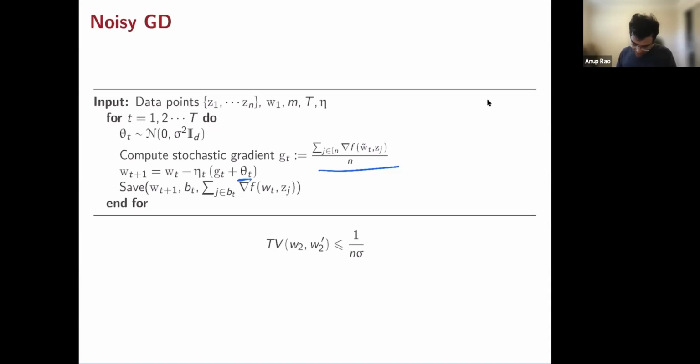If you just look at the second iterate, we have W1 to WT. W1 is our initial point. W2 is going to be some gradient term plus a noise term. And this noise term is distributed like a Gaussian whose variance is sigma square.